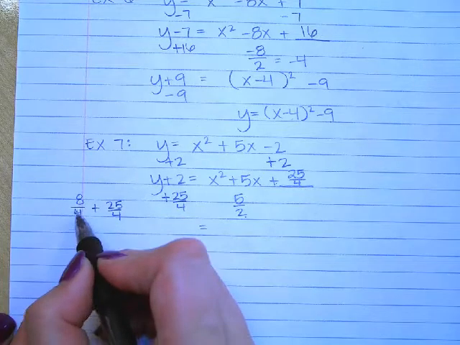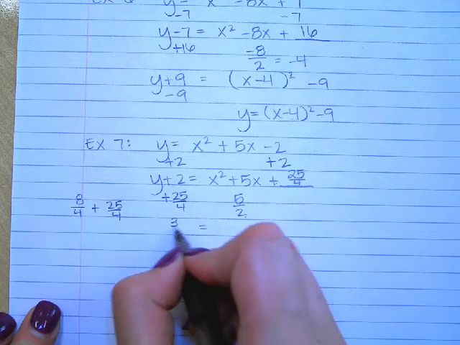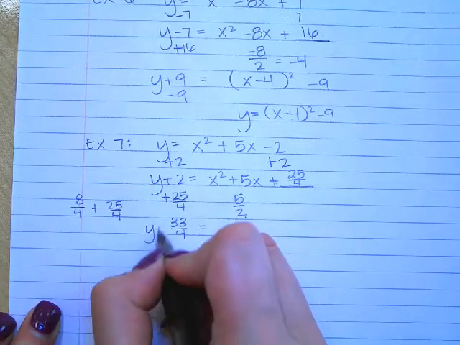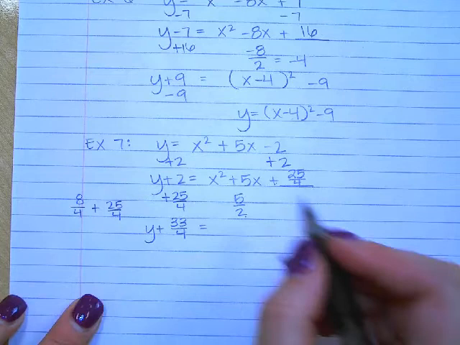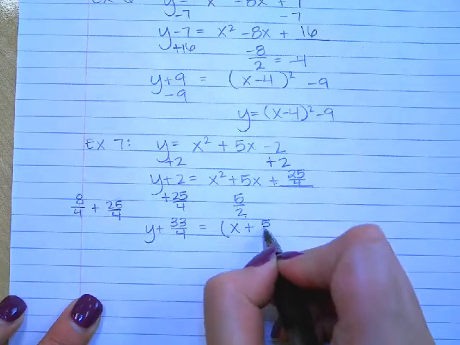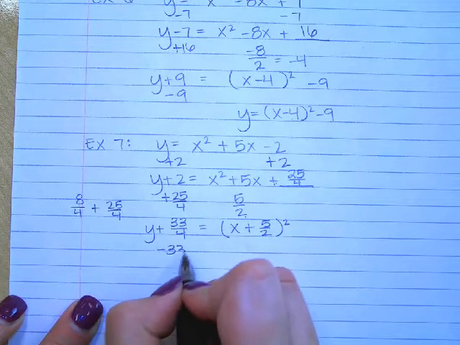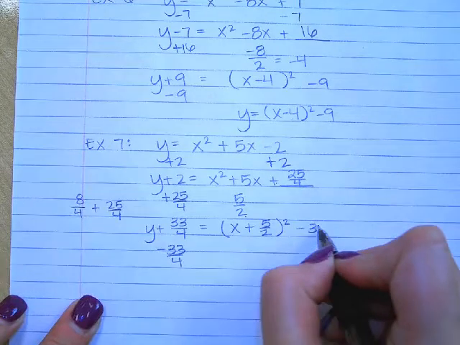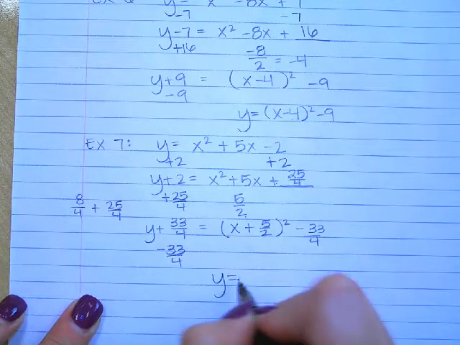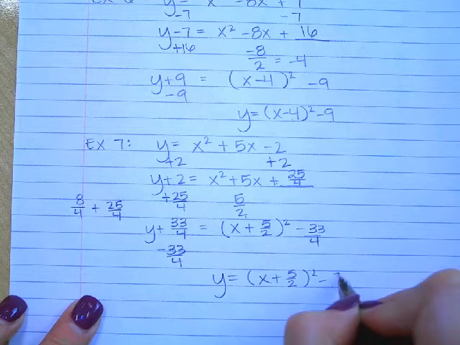So I've got 2 plus 25 fourths, and that gives me 33 fourths. And then I can go ahead and write my squared form. So I have x plus 5 halves squared. And then I'll minus that 33 fourths over. So y equals x plus 5 halves squared minus 33 fourths.